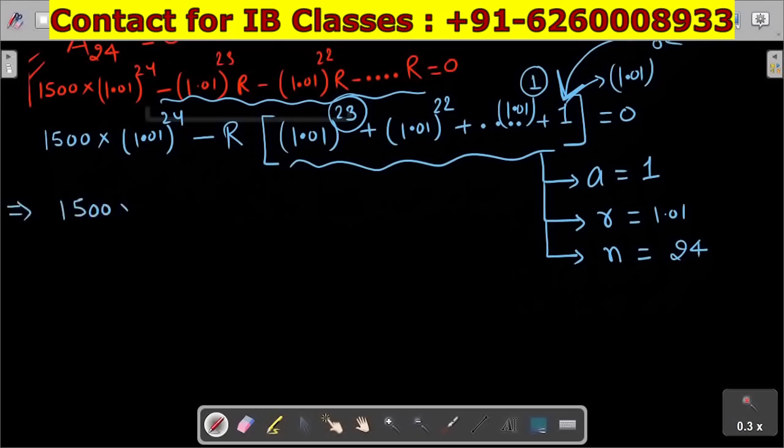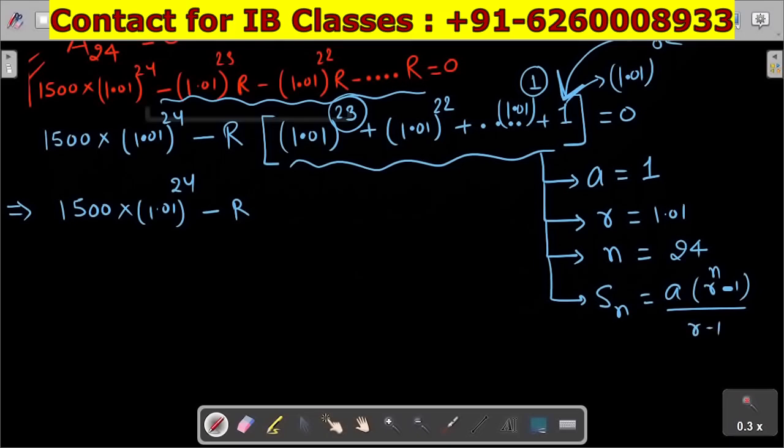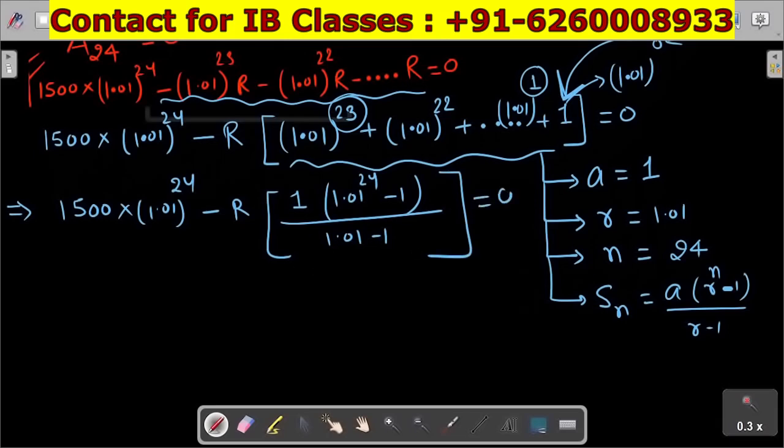So it will be 1500 into 1.01 raised to power 24 minus r, and the sum of n terms when r is greater than 1 is a times r raised to power n minus 1 upon r minus 1. So a is 1, r is 1.01, so 1.01 raised to power 24 minus 1 upon 1.01 minus 1, and this should be equal to 0.